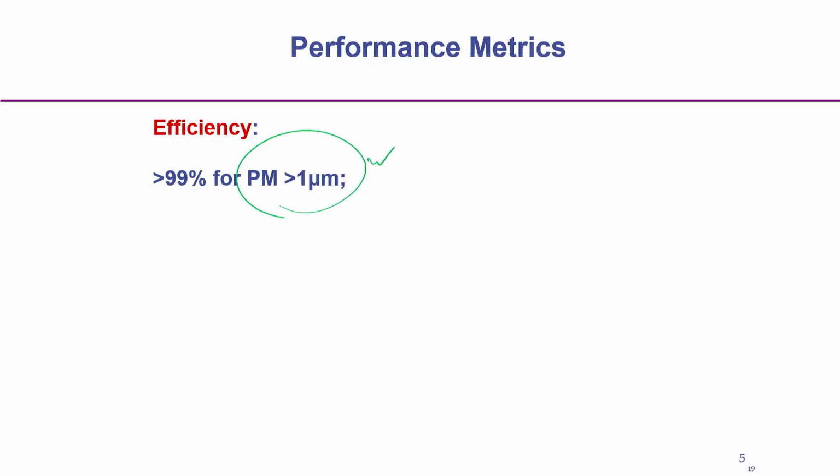We can see that due to this multiple layer, for PM 2.5, 80 to 90%.